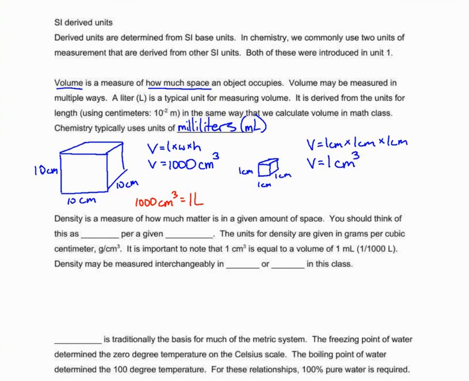And a very important relationship in chemistry is that 1 cubic centimeter equals 1 milliliter. I even box that in. You'll need that a lot. So this is volume. We took length and we made it in 3 dimensions to describe how much space an object occupies.